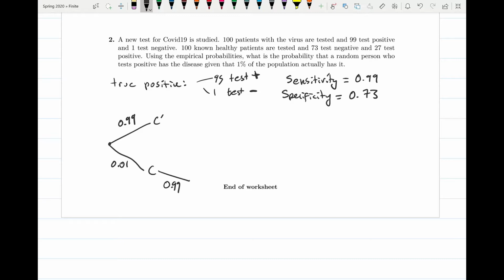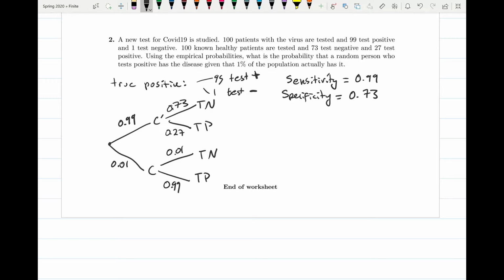And only 0.01 are going to test negative. Of those that don't have it, well, the specificity is 0.73, so only 0.73 are going to test negative, and 0.27 will test positive. That's the probability of testing positive is 0.27, given that you don't have it.